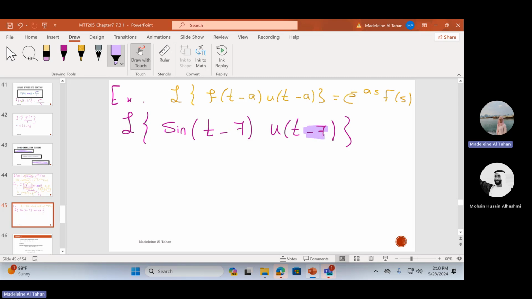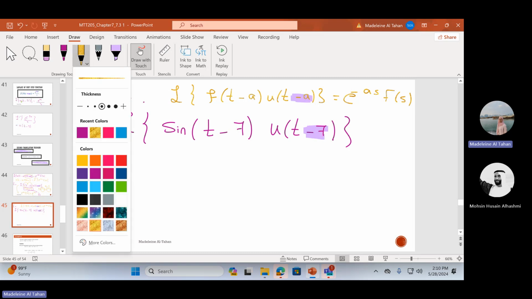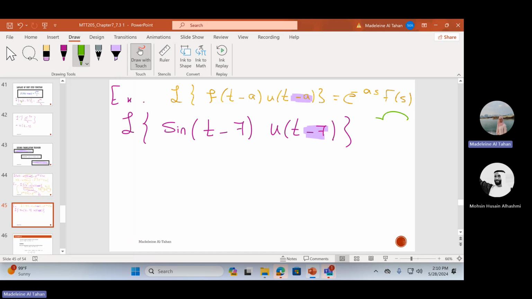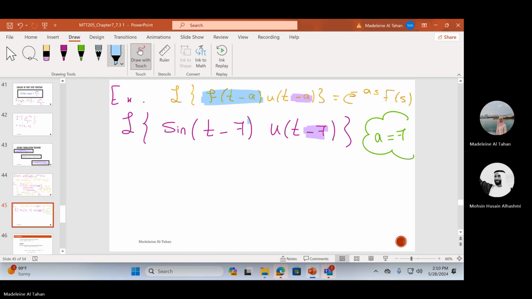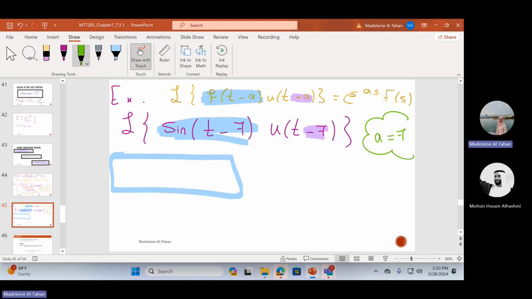Minus 7 here and minus A here. All of us agree that A is equal to 7. Let's look at the blue part now.